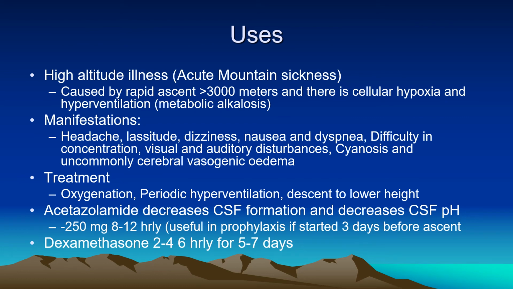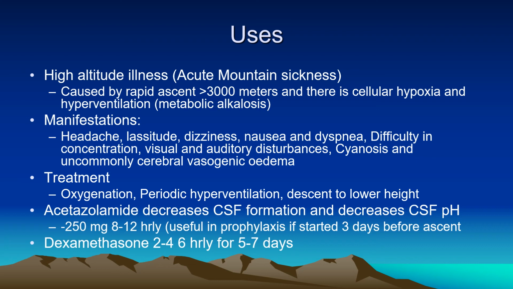What are the therapeutic uses of carbonic anhydrase inhibitors? At present, high altitude illness or acute mountain sickness is one. It is caused by rapid ascent over 3 kilometers, and there is cellular hypoxia and hyperventilation.